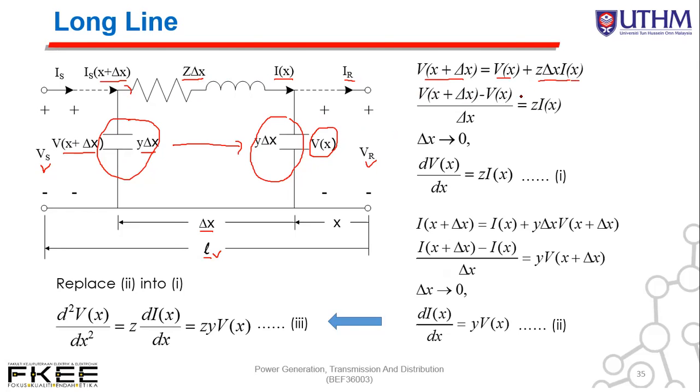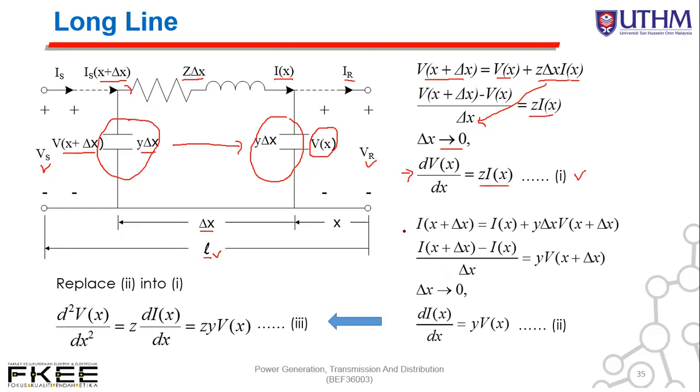So we can simplify this equation by bringing delta x here. We get Vx plus delta x minus Vx over delta x equal to Z Ix. For delta x approaching 0, we get dVx over dx equal to Z Ix. So this is equation 1.